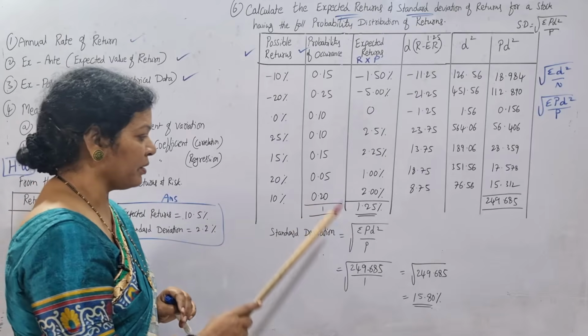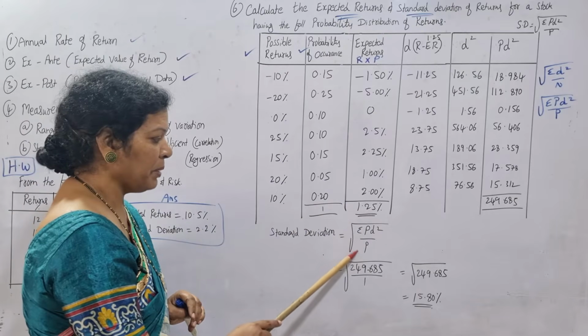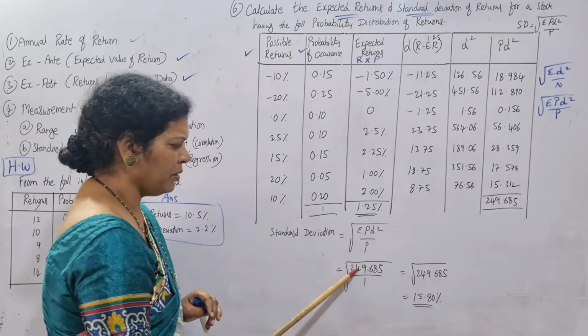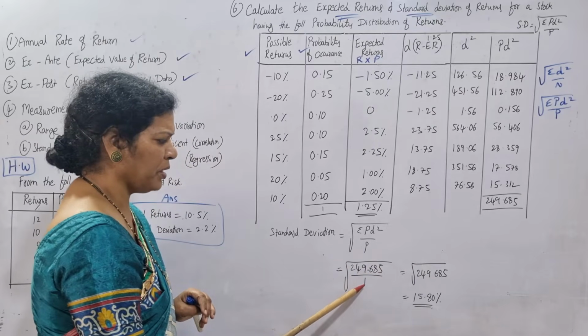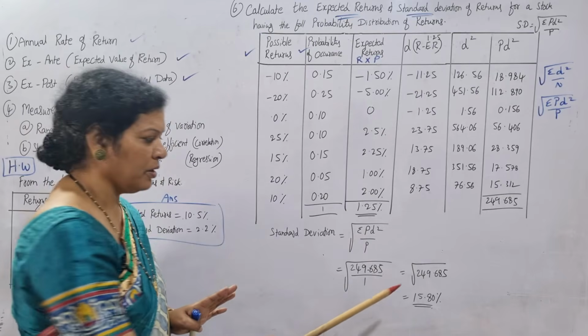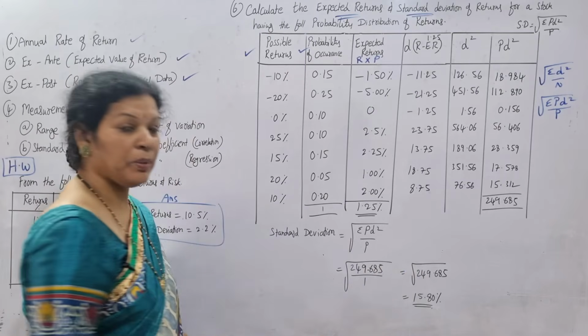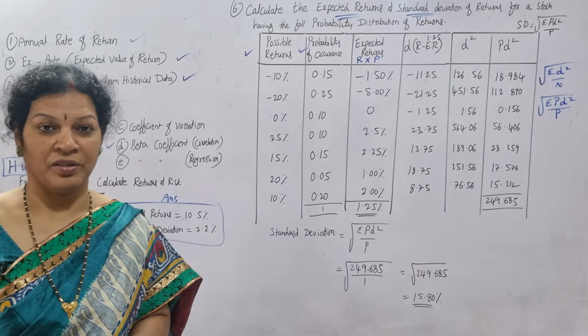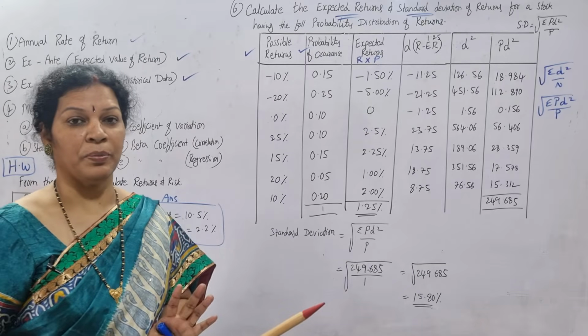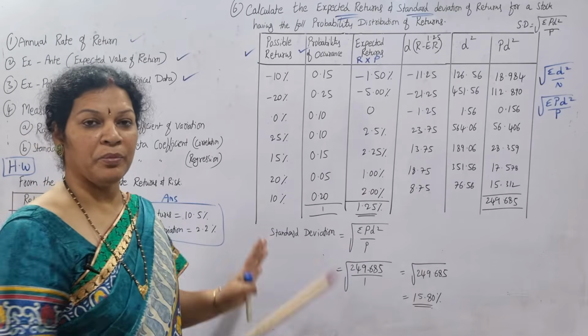Now this is 1. So sigma PD square by sigma P, 249.685 divided by 1 means it will be the same amount. Taken out the root, you are getting 15.80%. As per the standard deviation, you can expect returns of 15.80%. Simple. The problem is very easy.